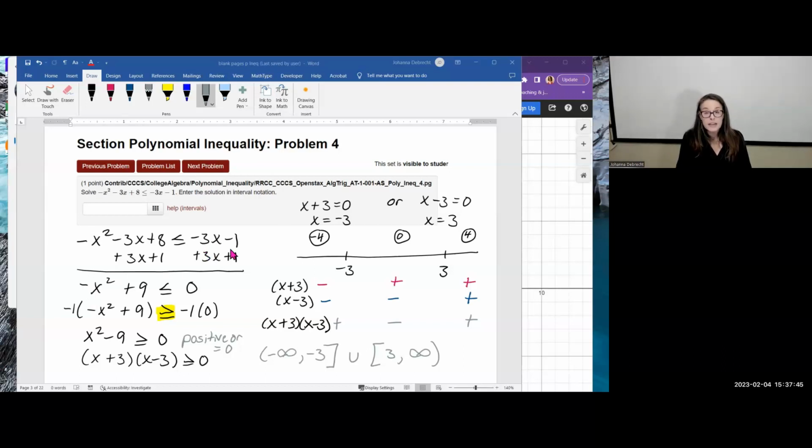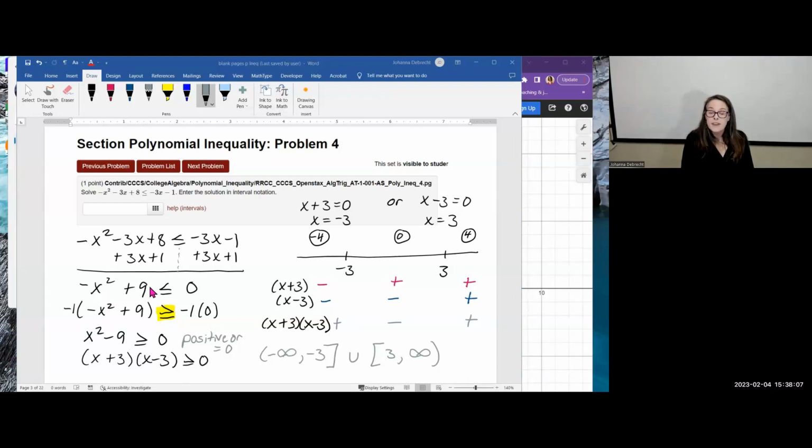So I moved the -3x minus 1 by adding 3x and adding 1. You can do both steps in the same step, or in separate steps. Notice that I did the same thing on both sides of that inequality. That gave me -x squared plus 9 less than or equal to 0.